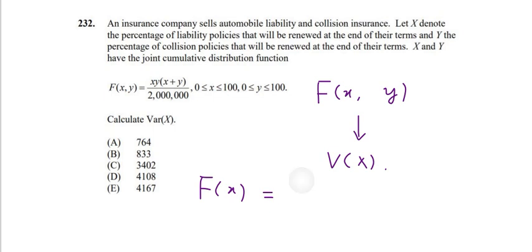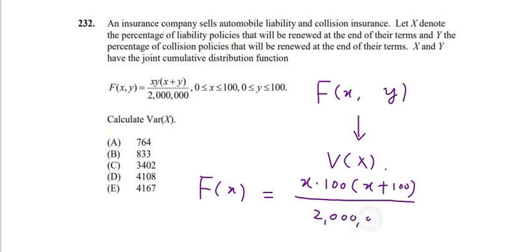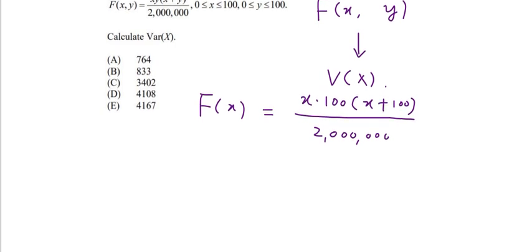So this equals x times 100 and x plus 100 over this, right? Simplify that, cancel 100, so we get x plus 100 over 20,000, right?